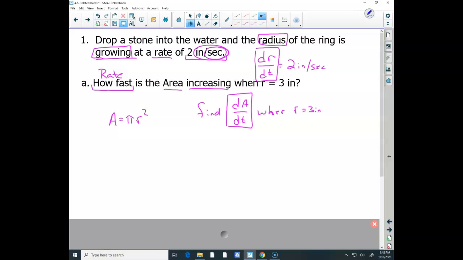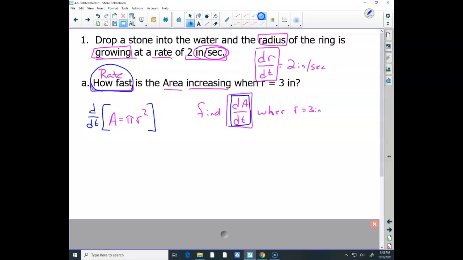Well, if I'm looking for how fast, if I'm looking for a rate, I'm looking for the change in area with respect to time, so I'm going to differentiate with respect to time. When we see how fast and we're looking for a rate, that's a related rate, and you will always differentiate a related rate problem with respect to time.